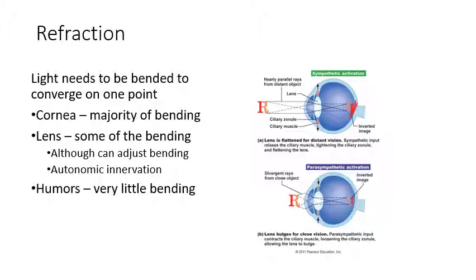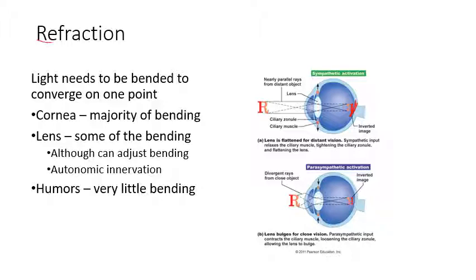And we have to get the eyeball to move in the direction that we want to look. If we have a problem with one of those three things, we're going to have some disruption in the vision that we see. So the iris, we already covered controlling the light.